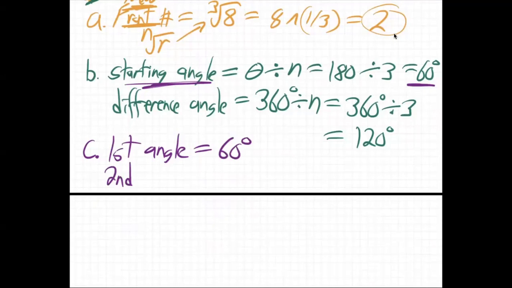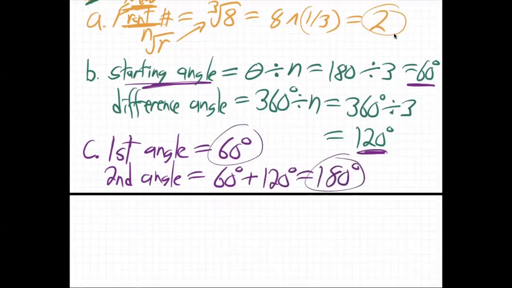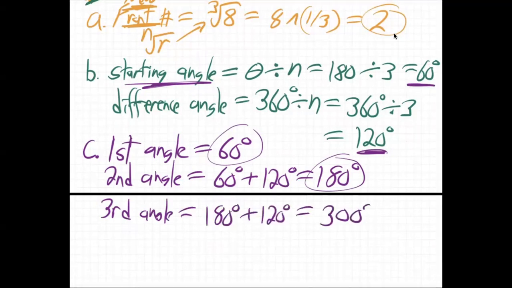Second angle equals 60. Add the difference. Add the 120, which will be 180. So first angle, second angle, third angle. Take the 180 and then add 120 again. And you get 300.